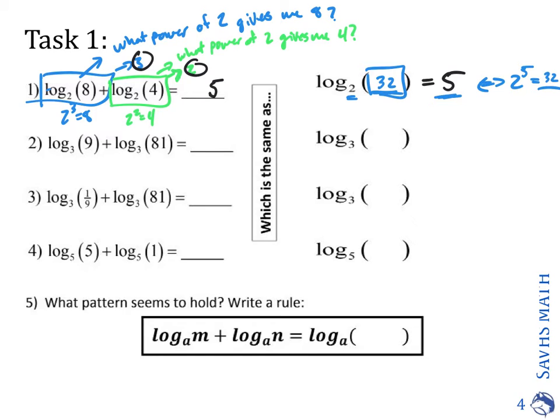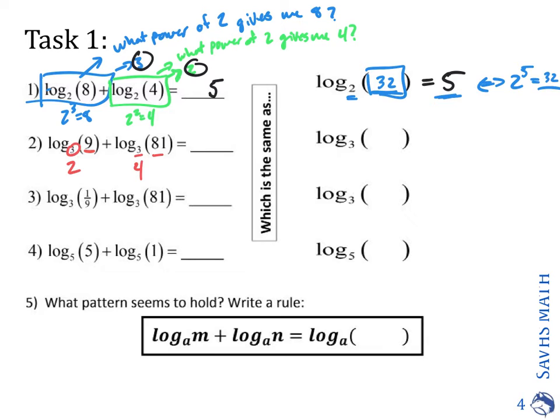Log base 3 of 9 is saying what power of 3 gives you 9? Well, that's 2 because 3 squared is 9. And then it says, what power of 3 gives you 81? Well, 3 times 3 is 9, times 3 is 27, times 3 is 81. So that's 3 to the 4th.